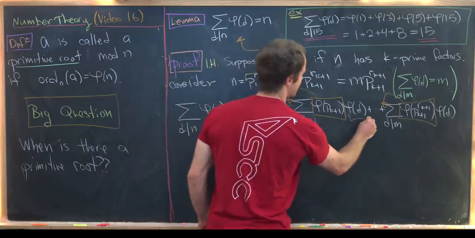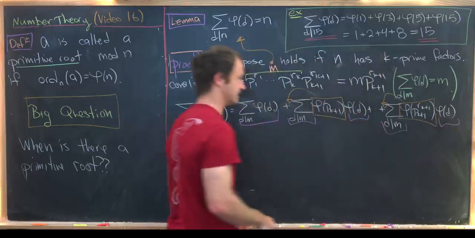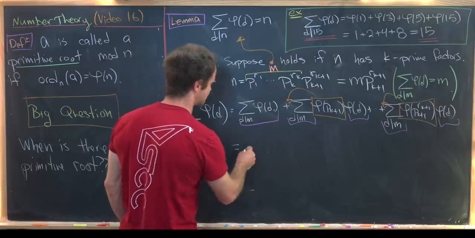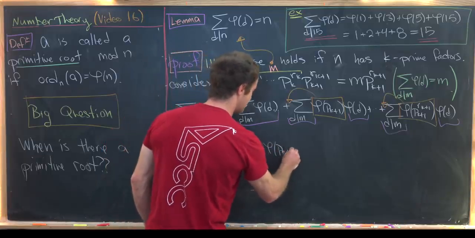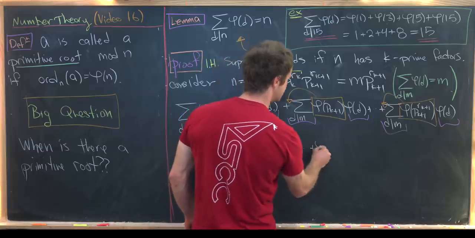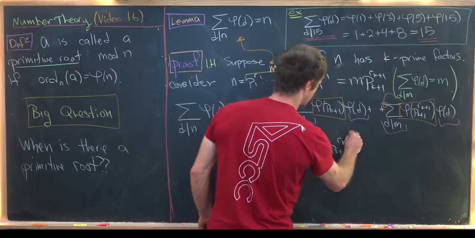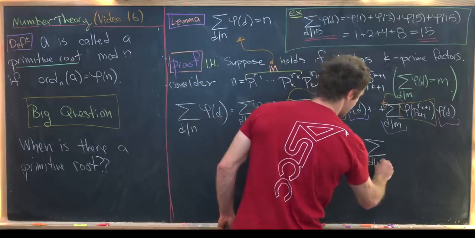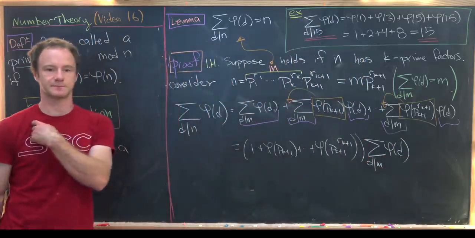Namely, we've got the sum over the divisors of m of phi of those divisors. So that means that we have something that looks like this. 1 plus phi of p sub k plus 1 all the way up to phi of p sub k plus 1 to the r sub k plus 1. That's what we factored out. And then the sum over all the divisors of m of phi evaluated at those divisors.